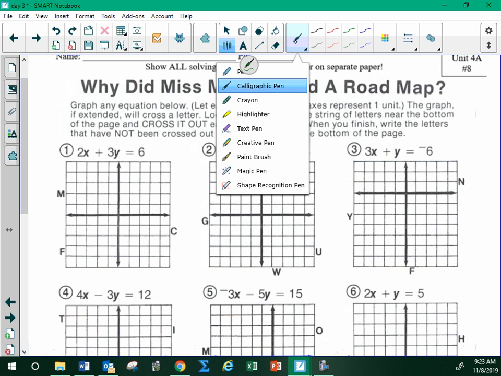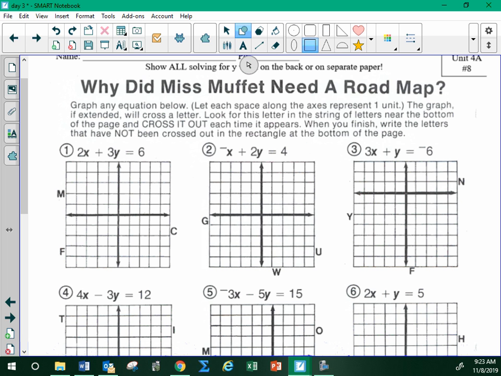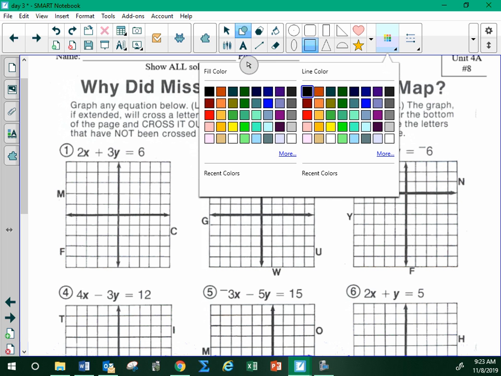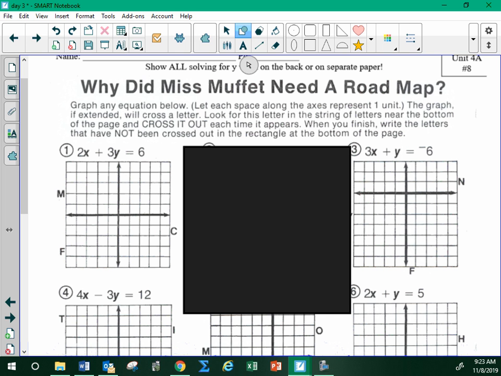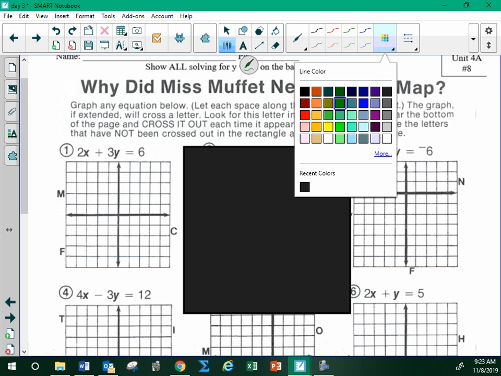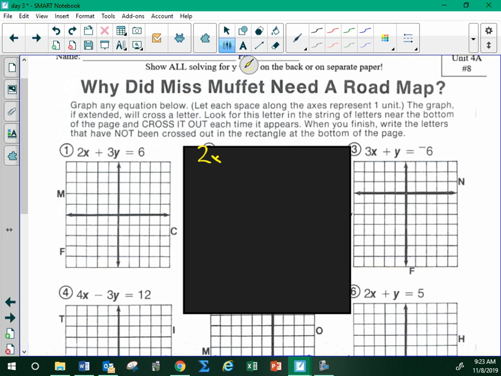Because I don't have extra paper here, I'm just gonna borrow this. So we have 2x plus 3y equals 6. I need to get y by itself. Negative 2x on both sides.